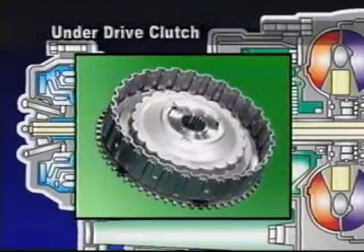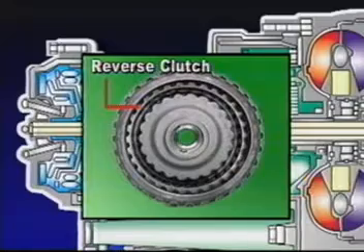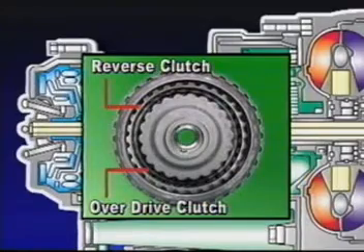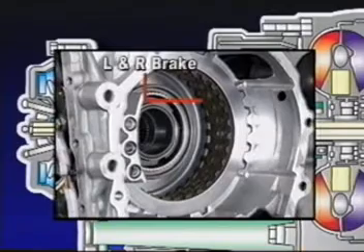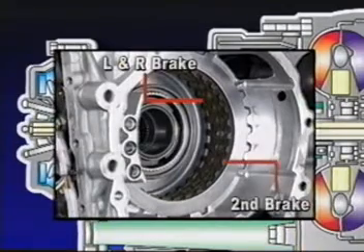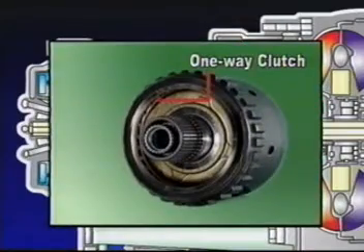These are underdrive clutch, reverse clutch, overdrive clutch, low and reverse brake, second brake, one-way clutch.